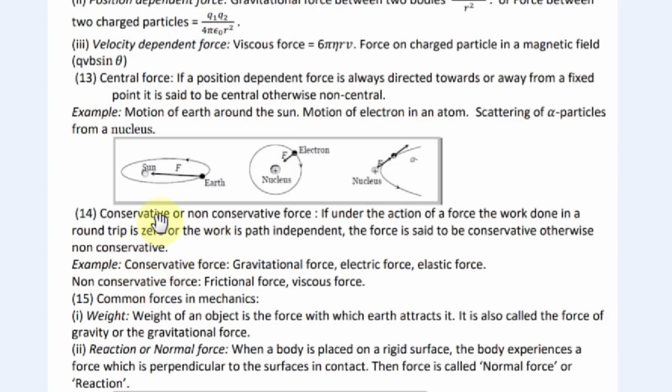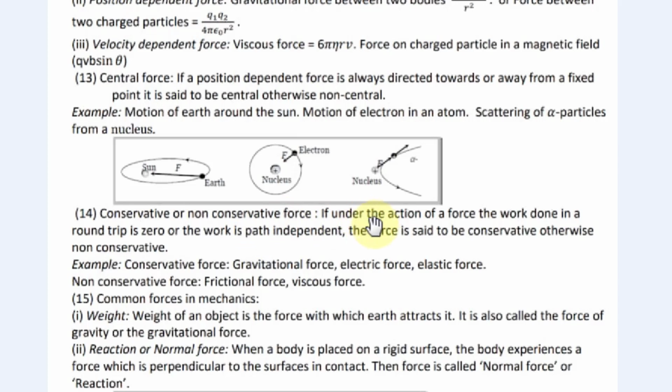Next, we'll go for conservative or non-conservative force. If under the action of a force the work done in a round trip is zero, we already read forces like that. Suppose a body starts from a point and ends there.